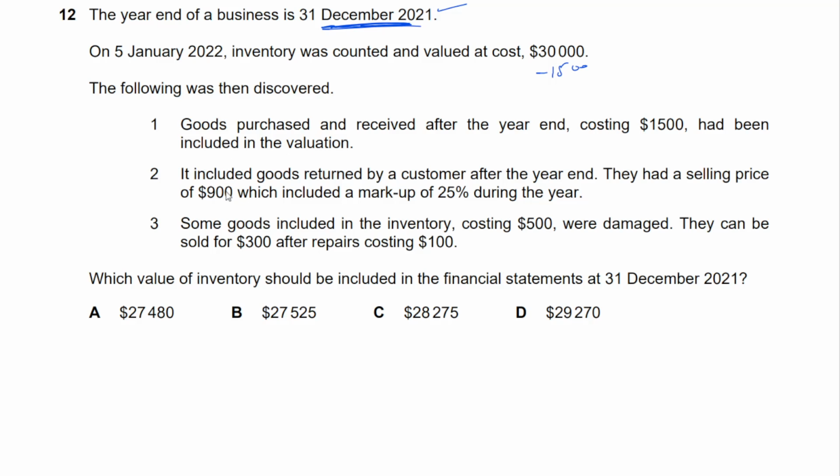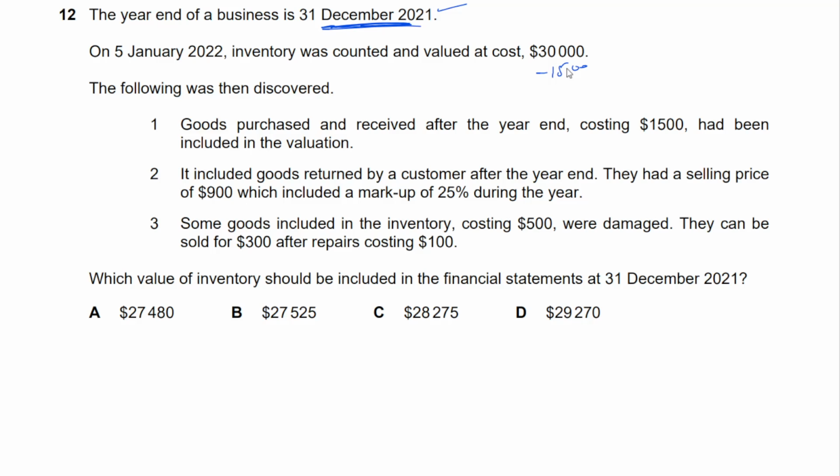It included goods returned by a customer after the year end. They had a selling price of 900, which included a markup of 25% during the year. So this includes goods returned by a customer after the year end.